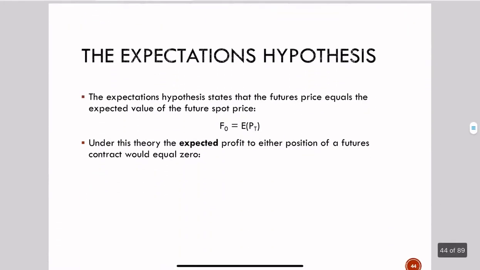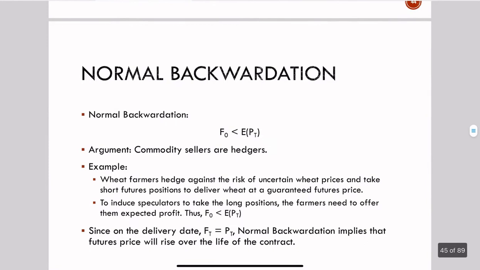And remember that the expectation hypothesis basically says that today's futures price should be the same as the expected spot price. And then normal backwardation says that today's futures price should be smaller compared with the expected spot price.